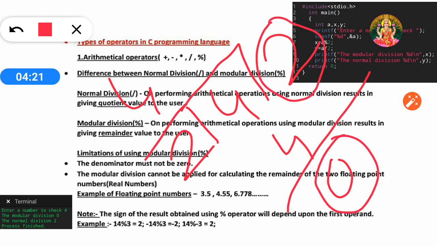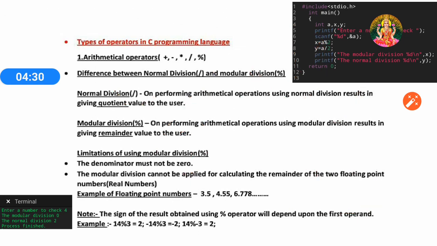Most of the students will know, but before starting from the basics we should again revise, we should again take it in our mind. That is why I have just done your revision. Now the normal division will return the quotient to the user when we use it. But modular division, here students, the maximum number of questions comes from the modular division topic. Okay, now what is modular division?